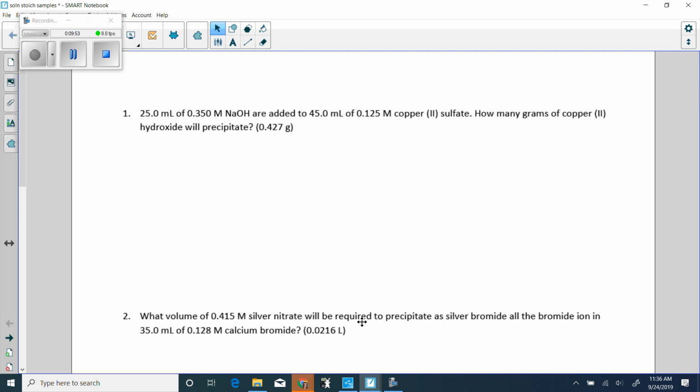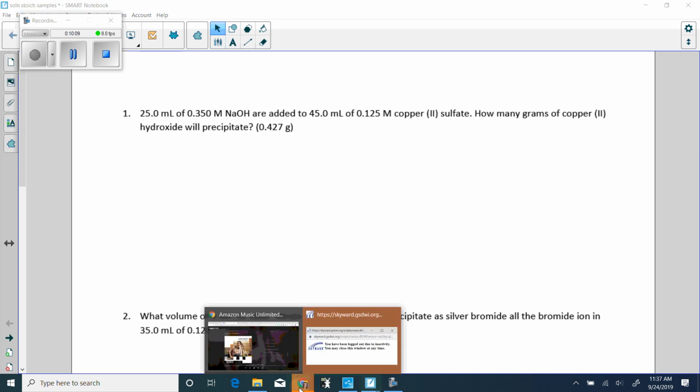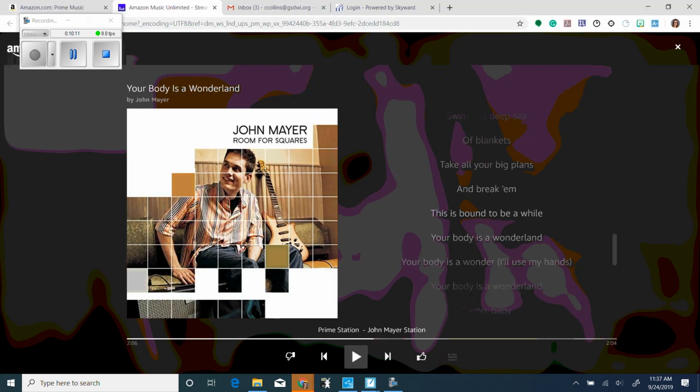25 milliliters of 0.350 molar sodium hydroxide are added to 45 milliliters of 0.2125 molar copper 2 sulfate. How many grams of copper 2 hydroxide will precipitate? You start by writing the equation and writing in what you know and don't know. Ready, go.